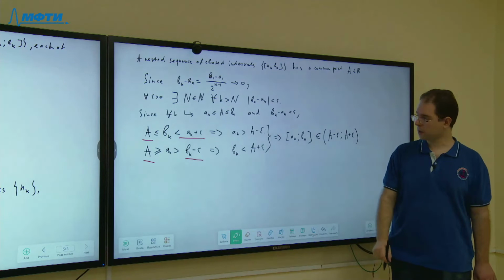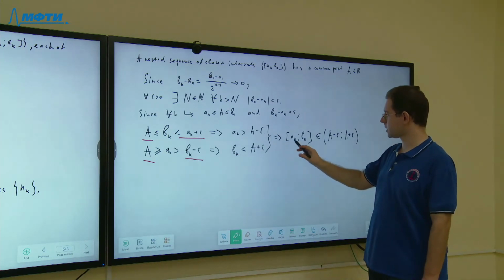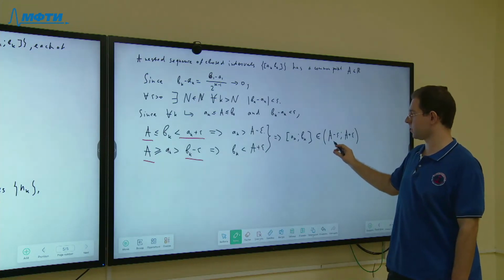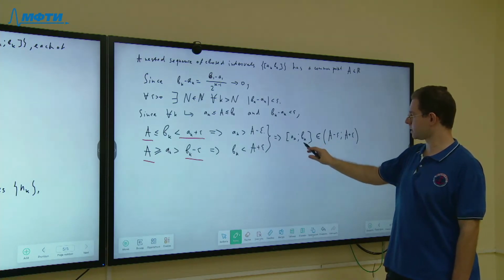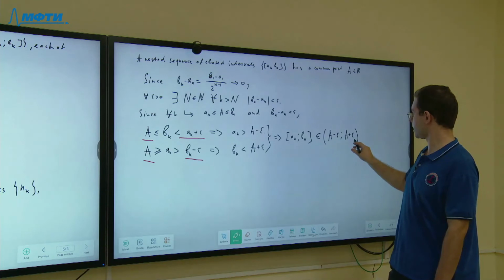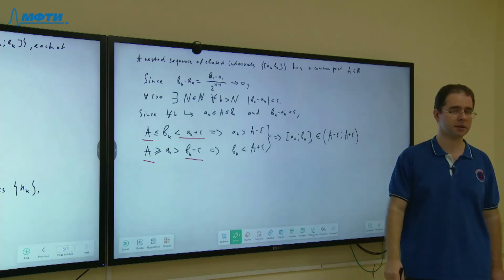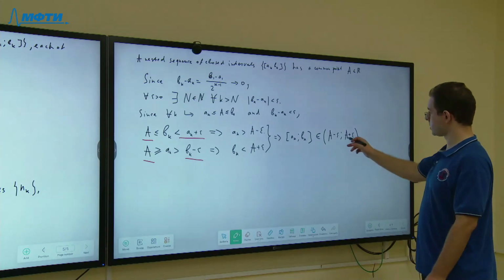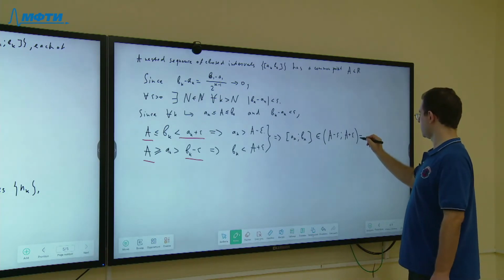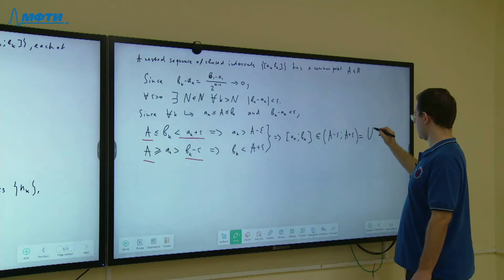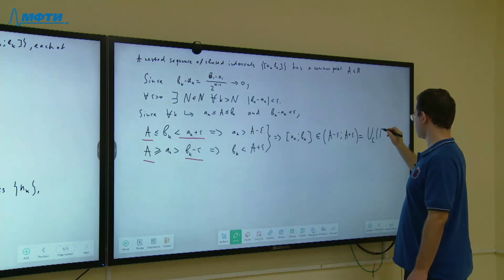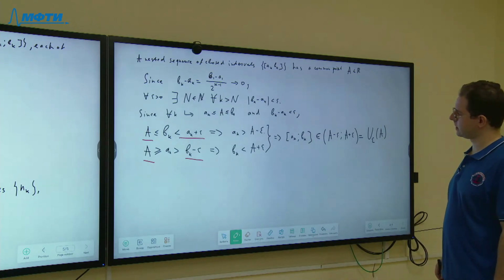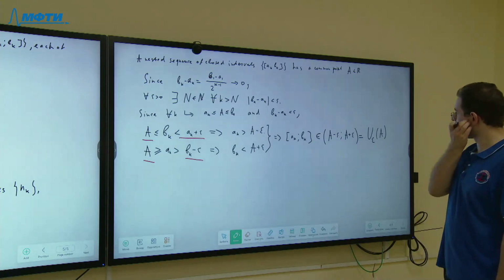By definition, because the left side of this interval is greater than the left side of that interval, and the right side of this interval is less than the right side of that interval. So this is correct. And of course, this interval is the epsilon neighborhood of a. Very well.